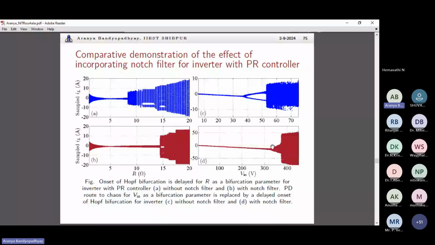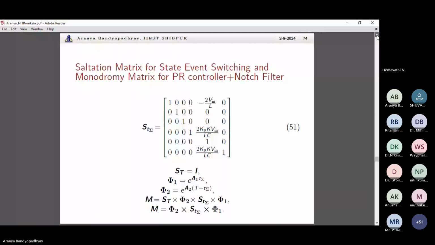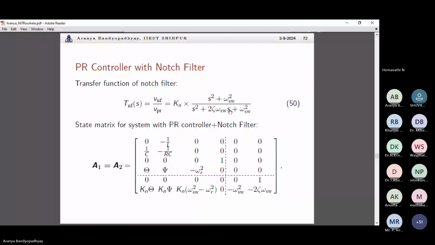And in the case of the proportional resonant controller also, we can see the effectiveness of the notch filter with this transfer function. Okay, omega SW is half of the switching frequency to drive away the period doubling route to chaos.